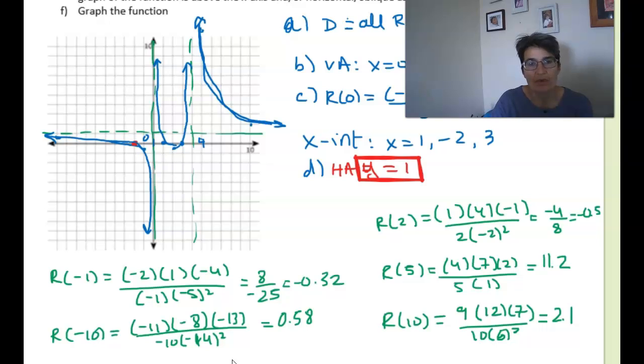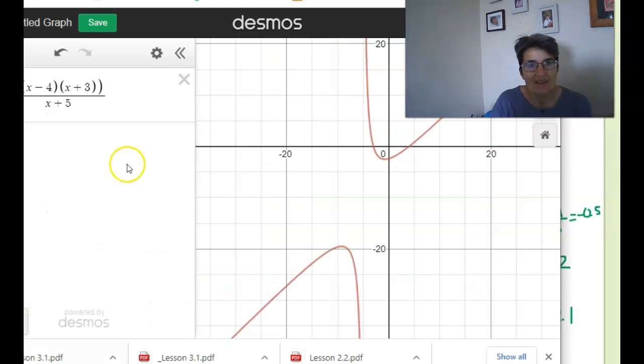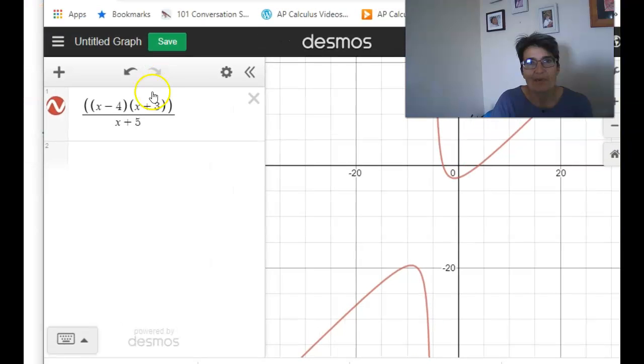Alright, let's check with our Desmos. So this is a higher power, so we might have missed some details. We might have missed some wiggles, but we're kind of doing our best with what we have.